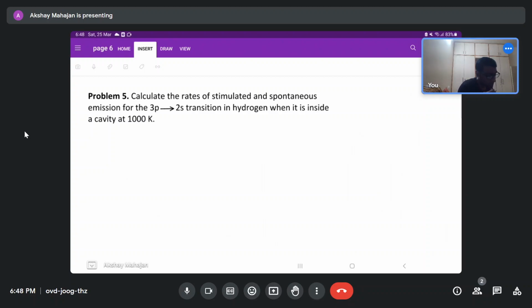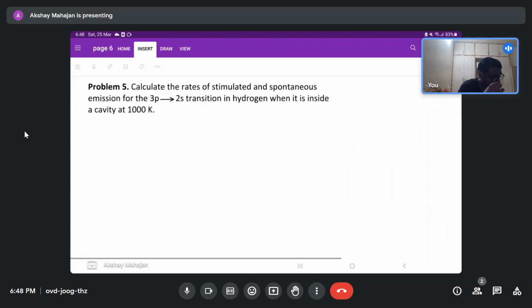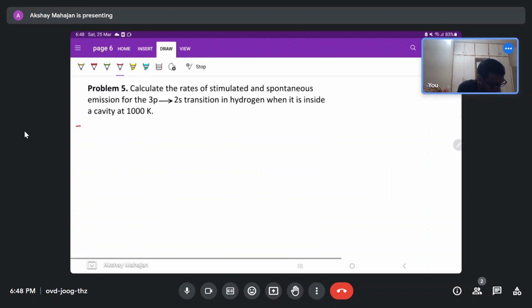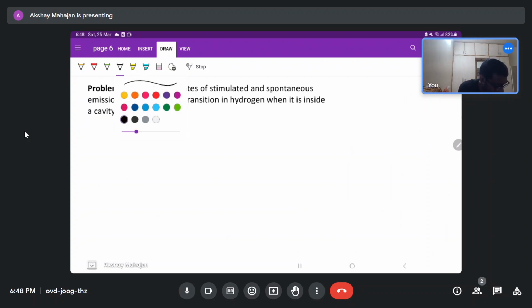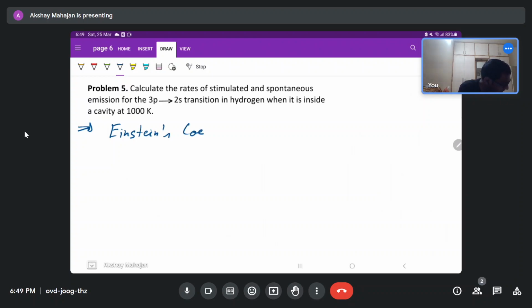So basically we will have to go to the Einstein coefficients.